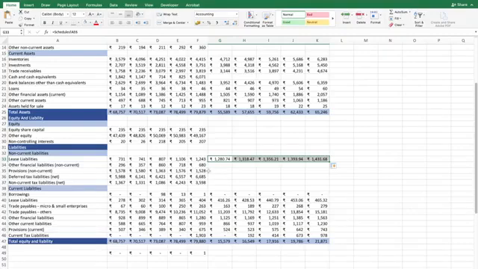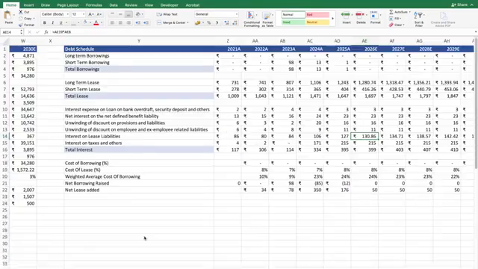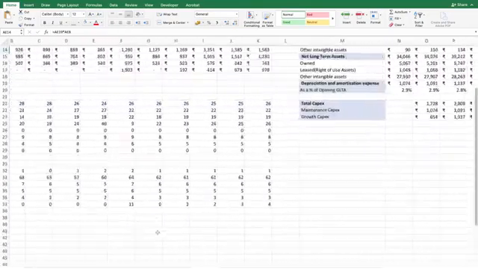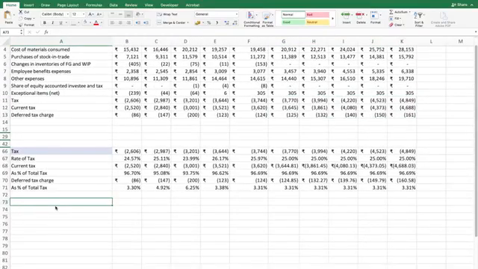Now there are certain line items still left in my balance sheet. For these line items, I'll be dealing with them separately. So we'll create a header called other balance sheet items here. In our assumptions itself, we'll create a line item called other assumptions.